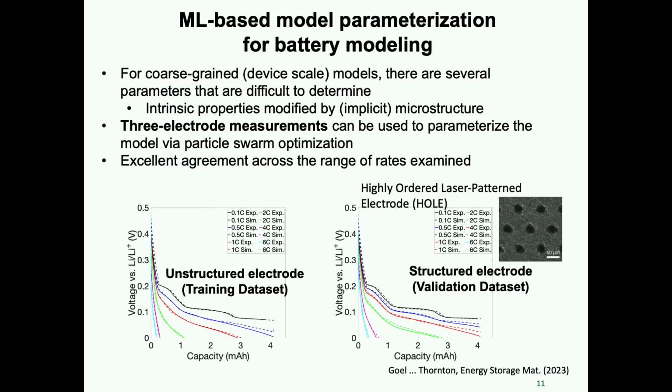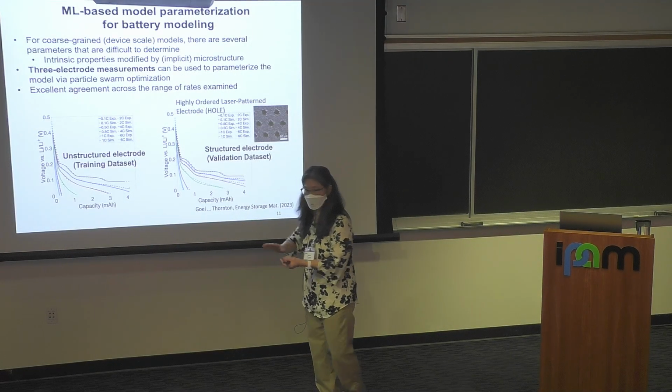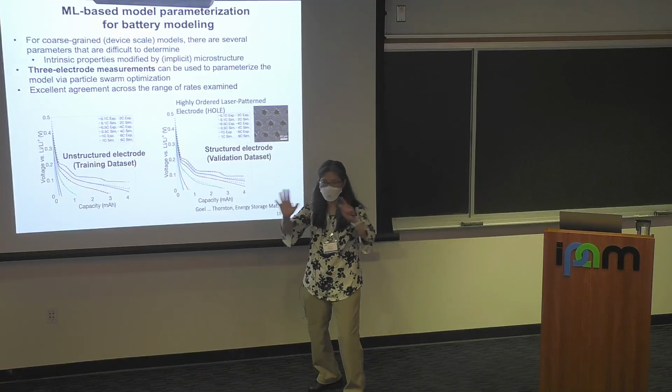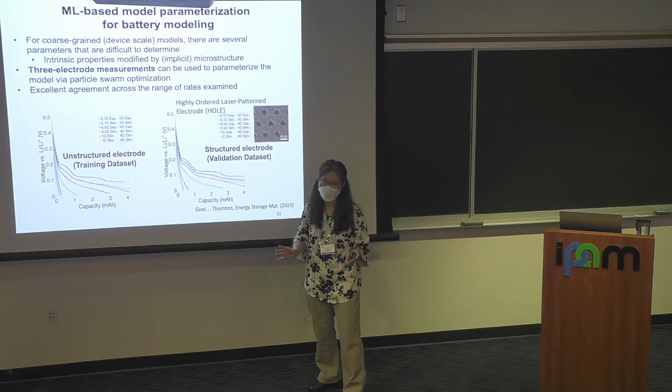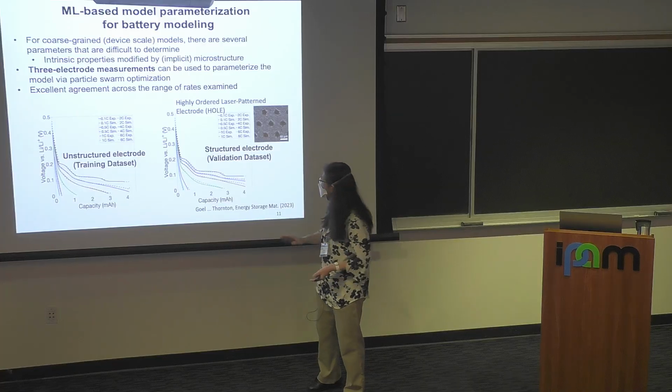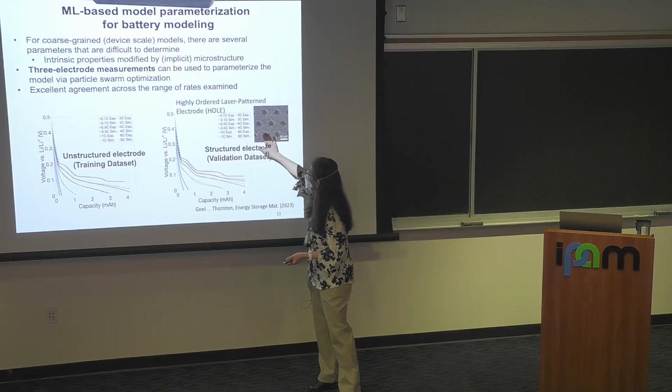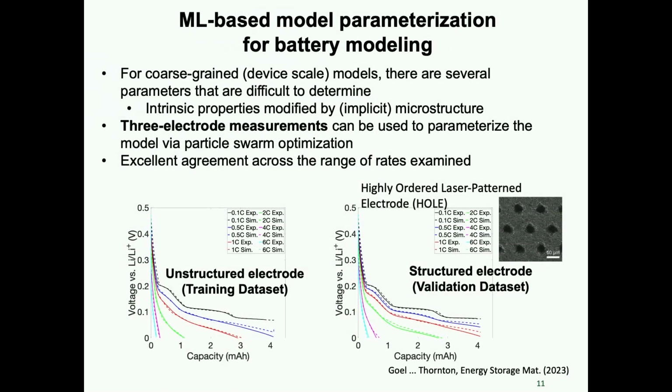The unstructured ones are just the normal ones: you put down the graphite and do something called calendaring, which is pressing. So it's totally one-dimensional, kind of on average. If you ignore the particles, then it's one-dimensional. No holes, right? That's the unstructured one.